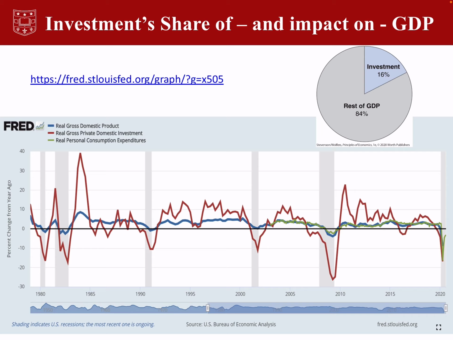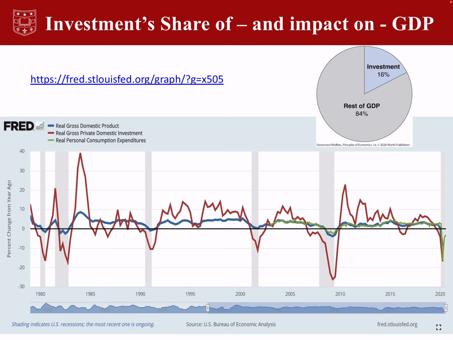But the interesting aspect of it from a business cycle point of view is that it is extremely volatile. And so what I have mapped here, pulled down from FRED, you can see if you follow the hyperlink that's up there on the upper left, is a graph that shows in blue real gross domestic product, in green personal consumption expenditures, and in red gross private domestic investment.